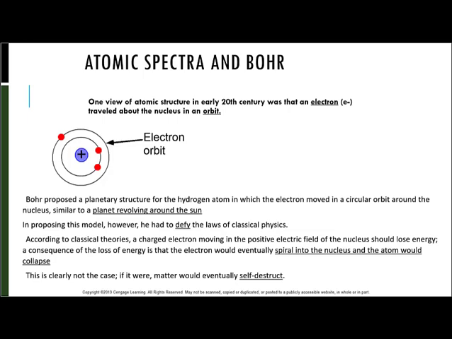In proposing this model, however, he had to contradict the laws of classical physics, because according to classical theories, a charged electron moving in the positive electric field of the nucleus should lose energy. A consequence of the loss of energy is that the electron would eventually crash into the nucleus. Well, this is clearly not the case. If it were, matter would eventually self-destruct.